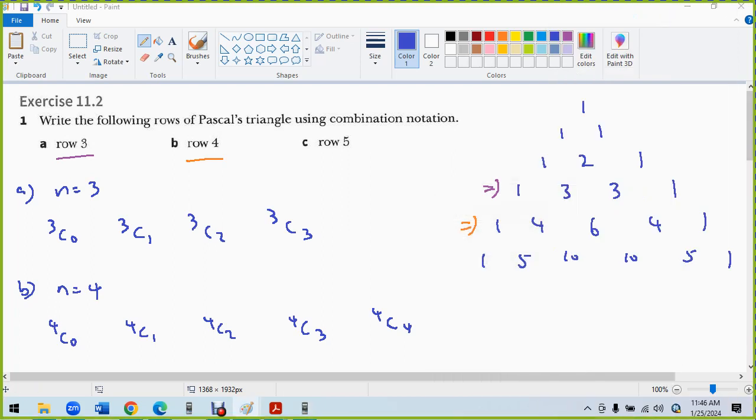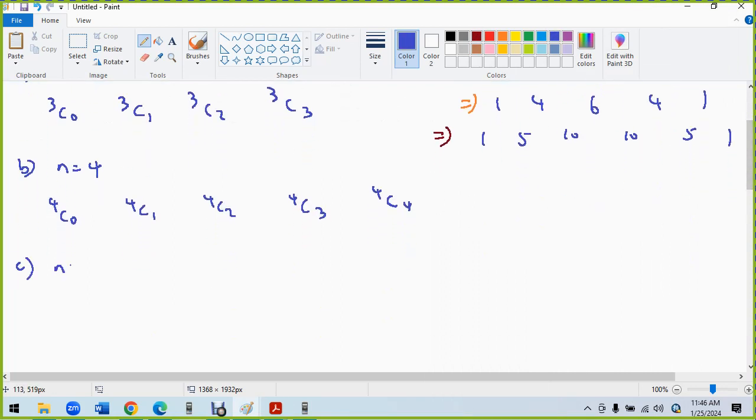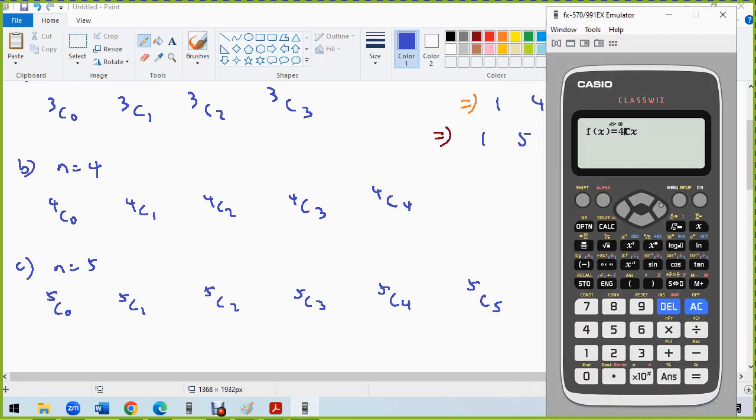So for row 5, we have n equal to 5. Then it will be 5C0, 5C1, 5C2, 5C3, 5C4, and 5C5. So for this one, we have 5CX starting from 0 and ending at 5, step size is 1. So we have 1, 5, 10, 10, 5, 1. Yes.